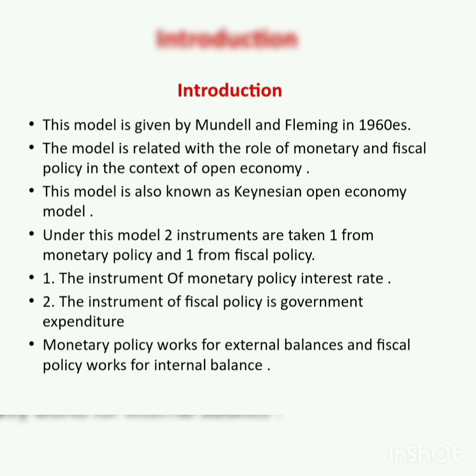Among the many monetary policy instruments, like quantitative and qualitative instruments, the rate of interest has been taken, and among fiscal policy instruments like public debt, government expenditure, and deficit financing, only government expenditure has been taken.